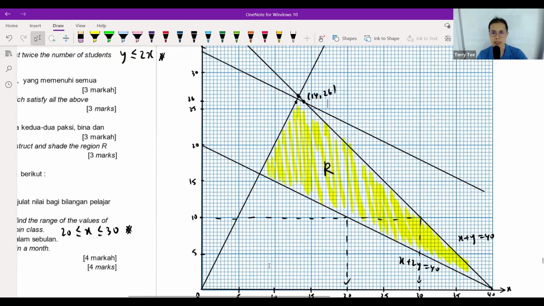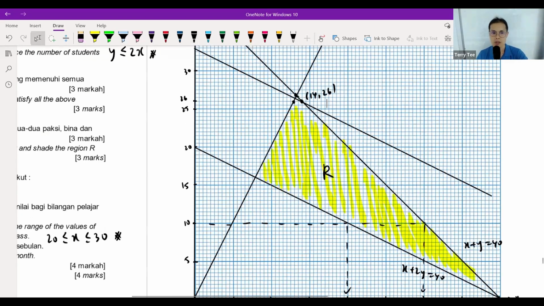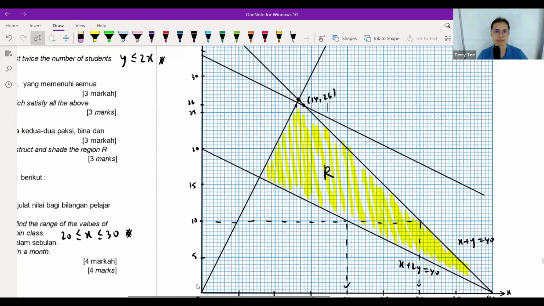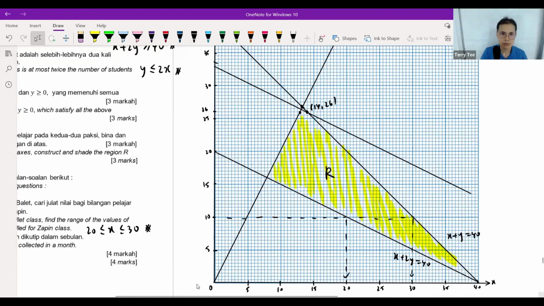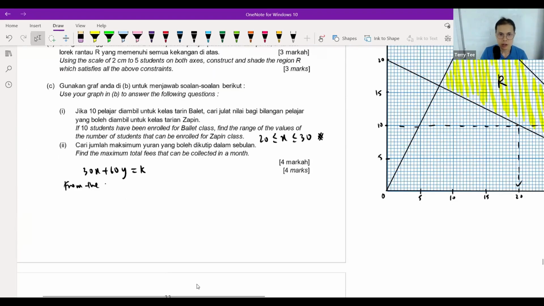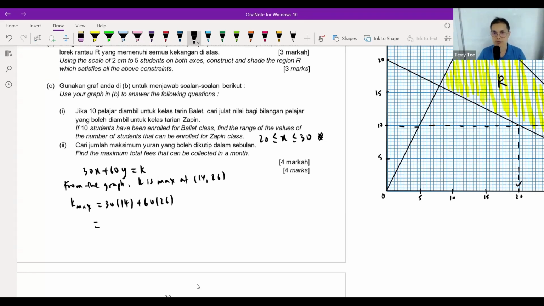Okay, so coming back to your objective function. From the graph, your k is maximum at 14, 26. To find the maximum value of k, we substitute 14 and 26 into x and y and find the maximum fees collected.